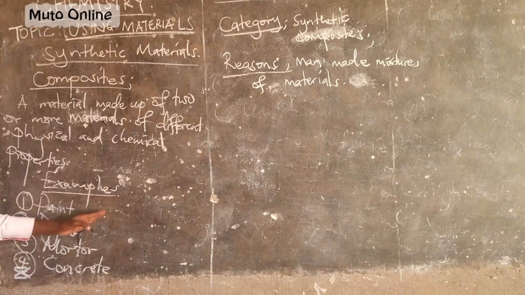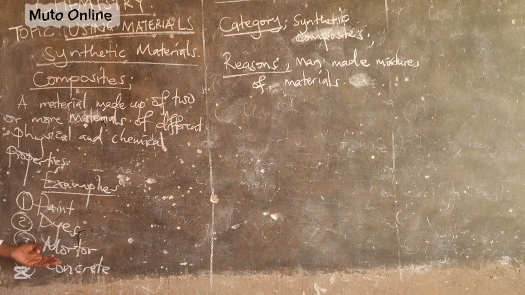We are going to look at one by one, looking at the uses and the properties that make all of these suitable for use. We've said we have the paint, the dyes, the mortar, and the concrete.